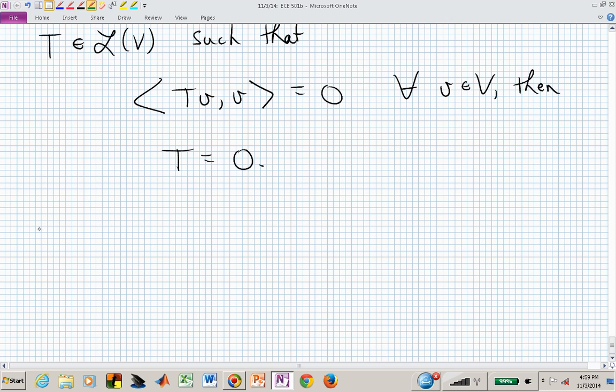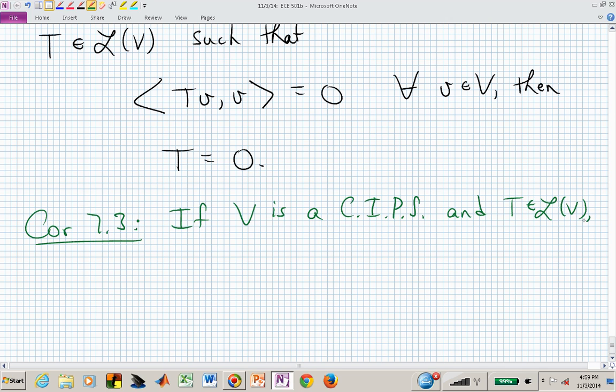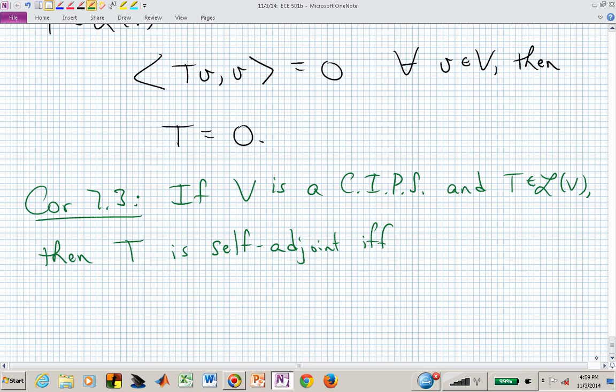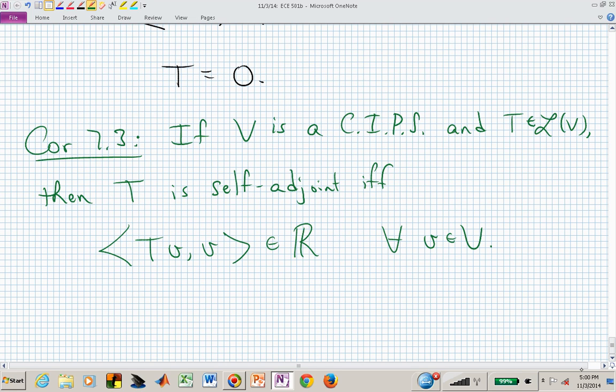A corollary. Corollary 7.3: if V is a complex inner product space, and again T is a linear map, then this linear map T is in fact self-adjoint if and only if, when you compute the inner product of Tv with v, you obtain a real scalar for all vectors v in this complex inner product space V. Then you can say that T is self-adjoint.